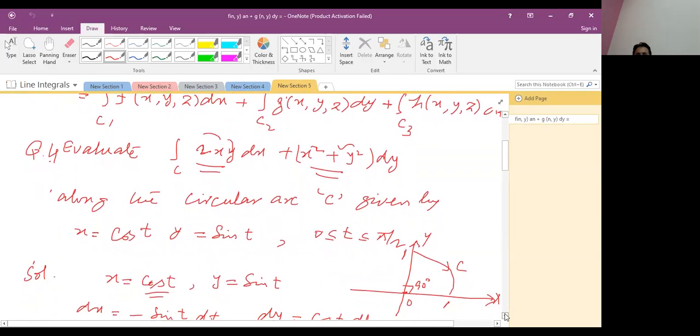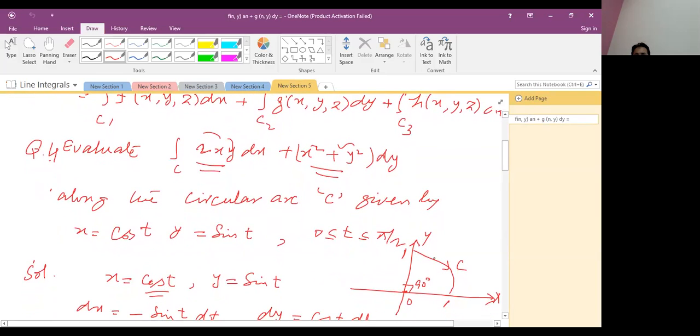Around a circular arc with x is 1, y is 1, the theta is 0 to pi by 2, because the whole angle is pi by 2. It means the theta represents here 0 to pi by 2 of the circular arc.